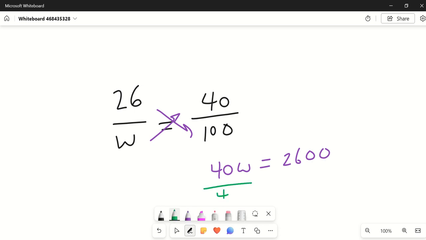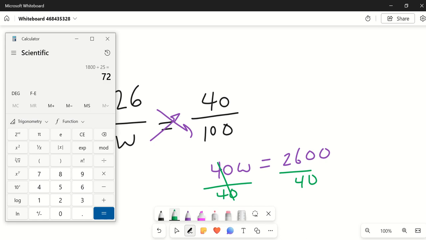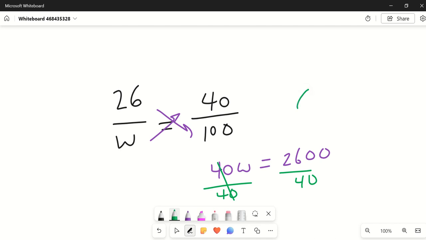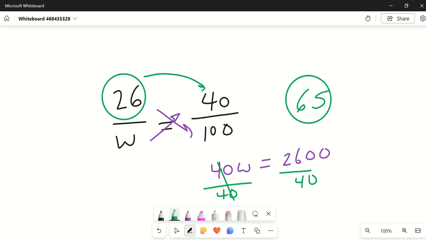Divide both sides by 40. Handy dandy calculator, reset. 2600 divided by 40 will give me 65. Therefore, 26 is 40% of 65. And that's how I would write that answer.